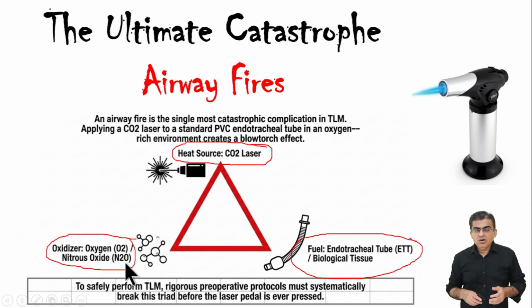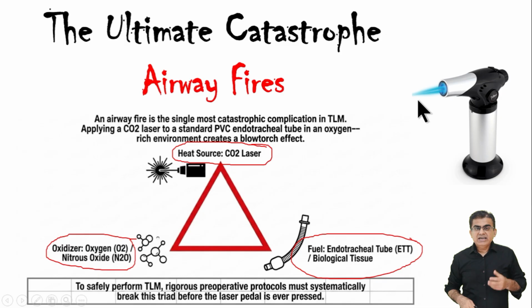If your hot laser beam accidentally hits a standard plastic tube in a highly oxygenated airway, it will act exactly like a blowtorch. See, like this. The result for your sleeping patient will be completely devastating.